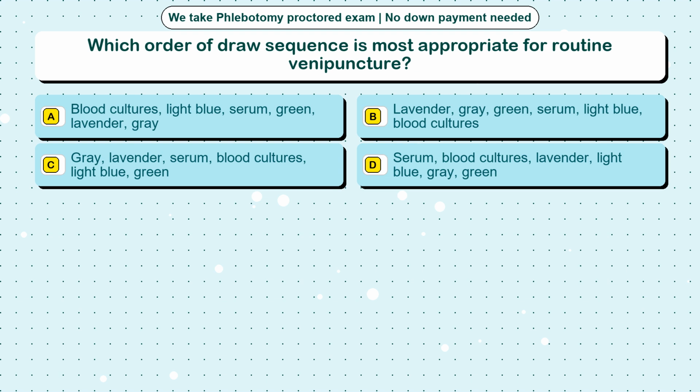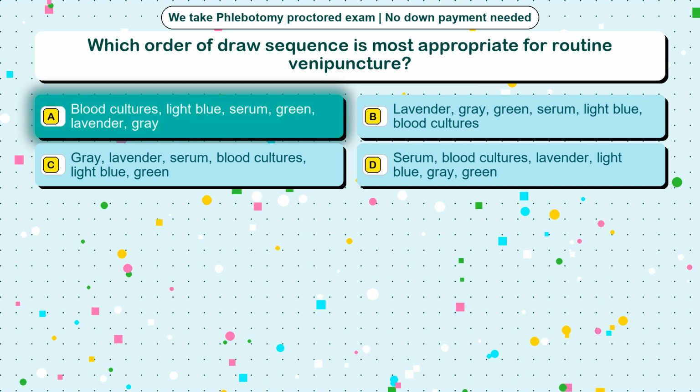Question 77. Which order of draw sequence is most appropriate for routine venipuncture? Option A. Blood cultures, light blue, serum, green, lavender, gray. Option B. Lavender, gray, green, serum, light blue, blood cultures. Option C. Gray, lavender, serum, blood cultures, light blue, green. Option D. Serum, blood cultures, lavender, light blue, gray, green.